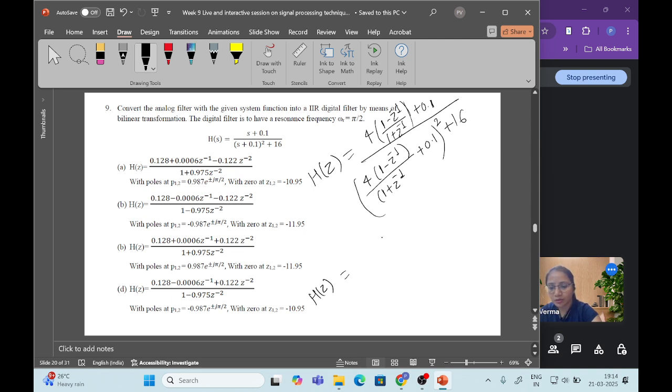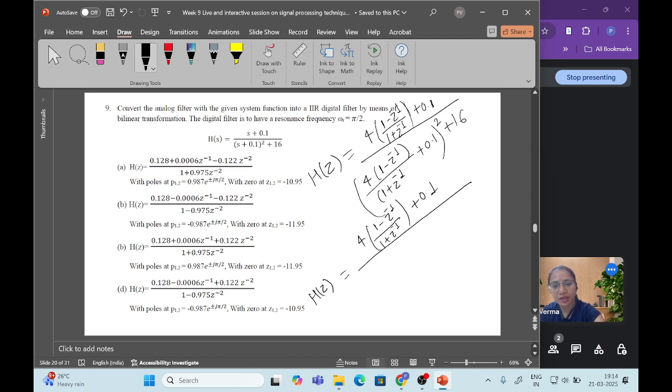So first open the denominator part. I am taking the numerator as it is and opening the denominator because it is a whole square, so (a plus b) whole square is a square plus b square plus 2ab. Already we know that.